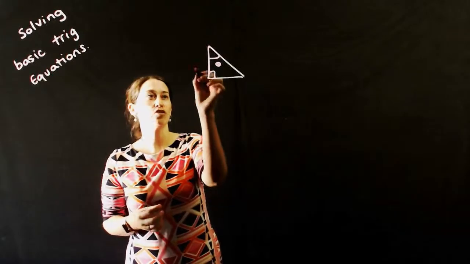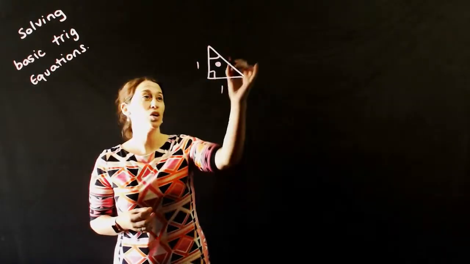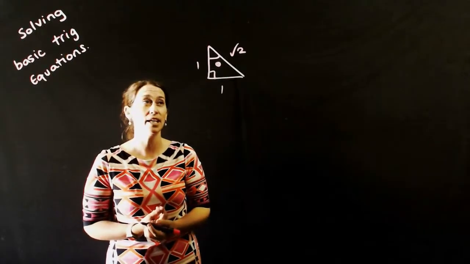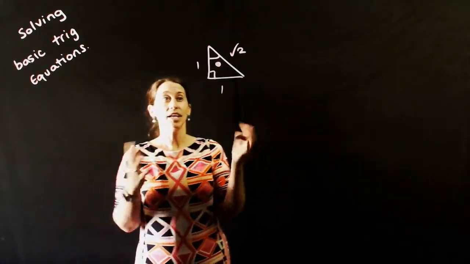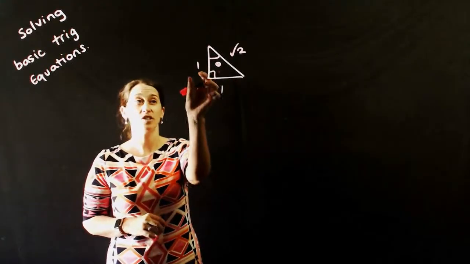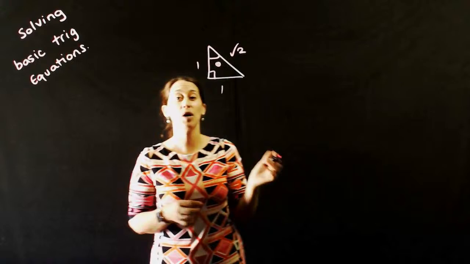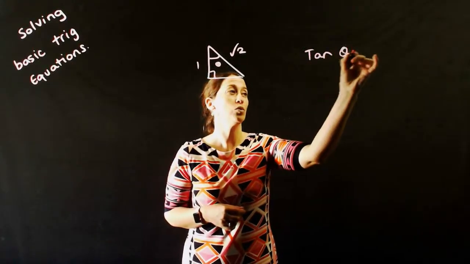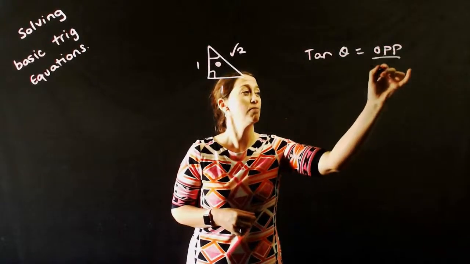So if I have a triangle, let's go 1 on 1 and root 2, and I wanted to work out what the angle is here, I would use the opposite and the adjacent, because this is opposite the angle, this is the adjacent. I could have used other things, but let's suppose I'm going to use tan. So I know that tan of theta equals the opposite over the adjacent.